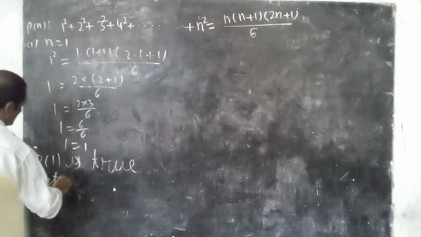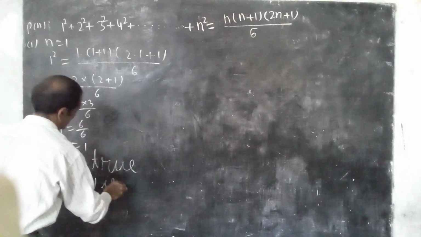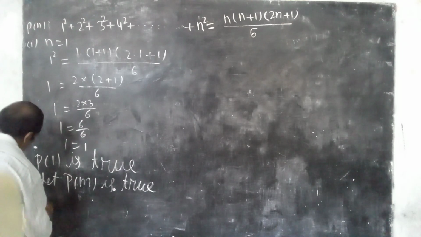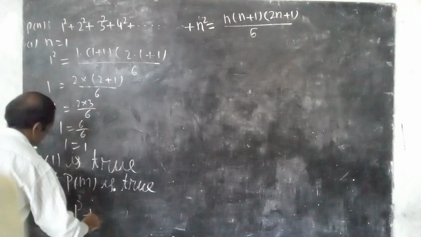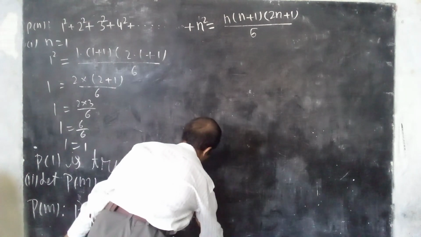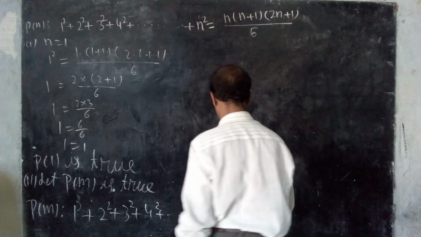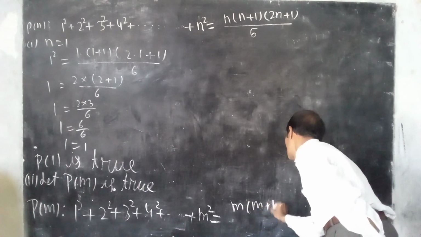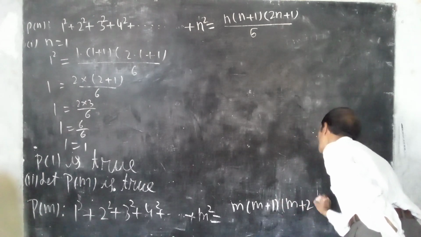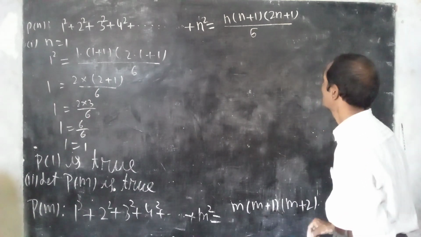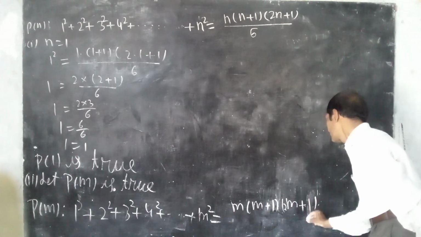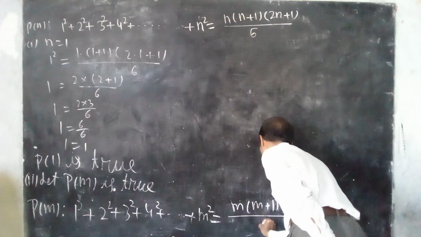If P1 is true, let Pm be true. If Pm is true, then 1 square plus 2 square plus 3 square plus 4 square dot dot plus m square is equal to m plus 1, m plus 2... that is, m into m plus 1 into 2m plus 1, upon 6.